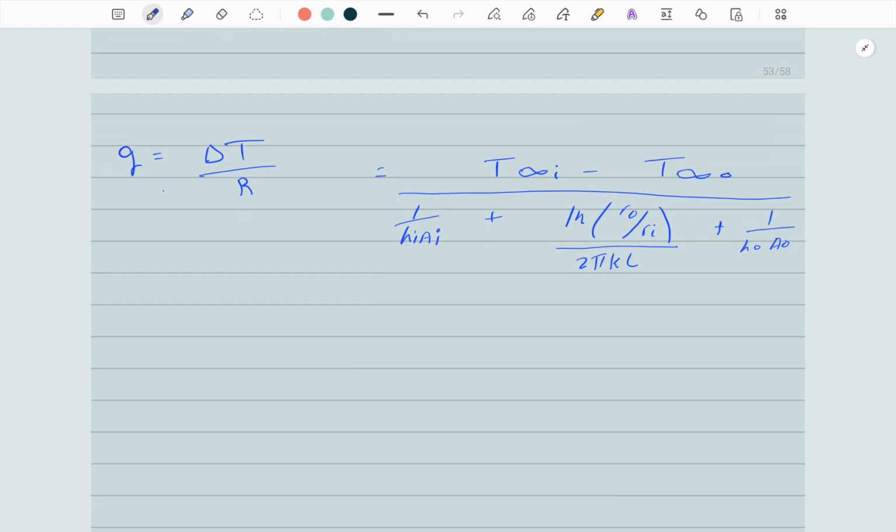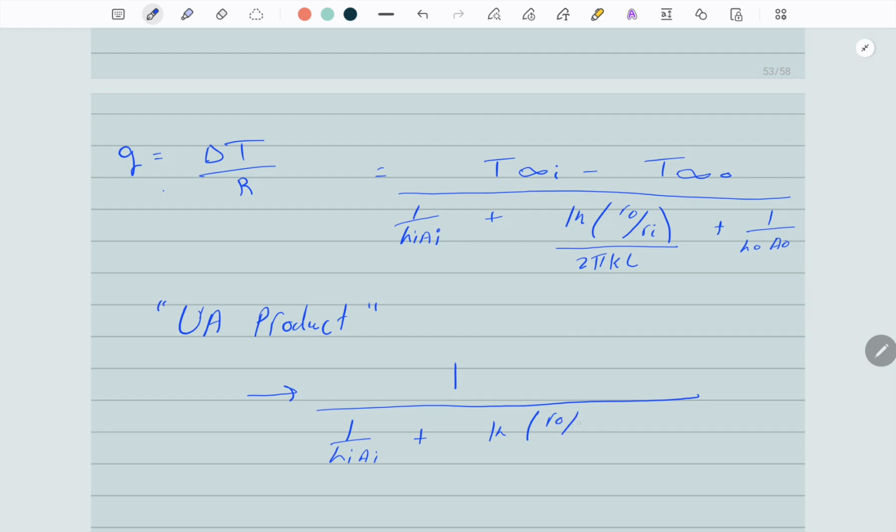Now, this term here is referred to as the UA product, which equals 1 over hiAi plus ln of the outer radius over the inner radius divided by 2 pi kL plus 1 over hoAo.